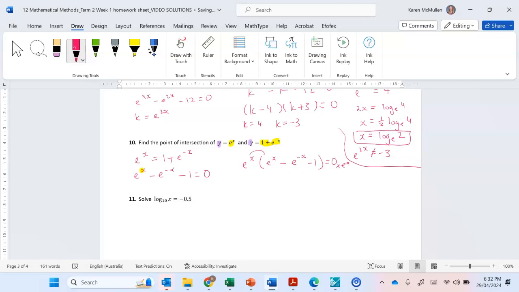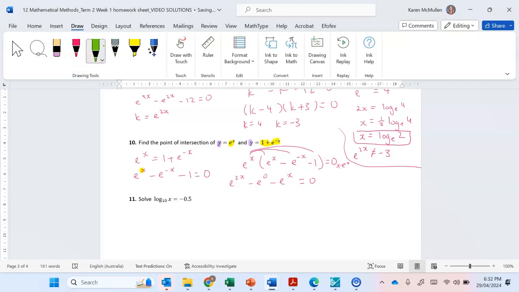Multiplying everything through, our first term will be e to the power of 2x, which is awesome. Then we've got the base e. When you're multiplying the same base, we add our powers, so x minus x is 0, and then we're left with minus 1 times e to the negative x.